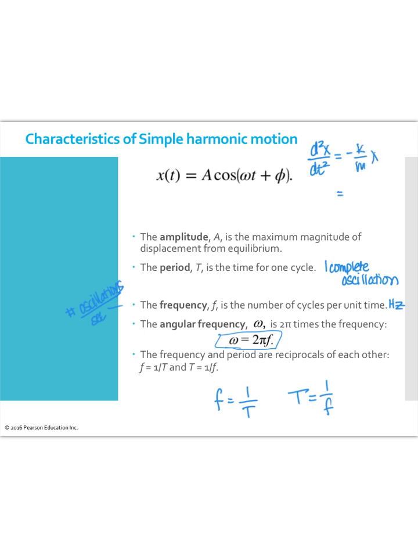The thing I forgot to tell you is we consider k over m to be actually omega squared. So omega is actually predicted by the spring constant of the spring and the mass that is attached to it. So that's kind of important. It's something I completely forgot to mention. And this is another relationship.